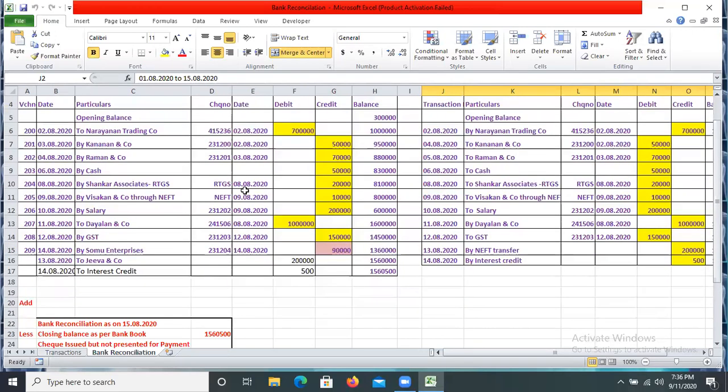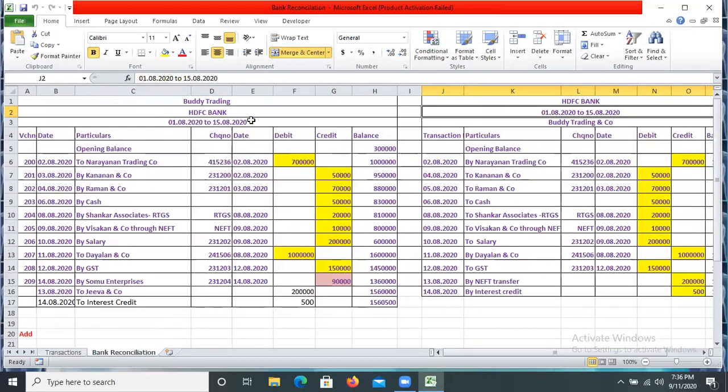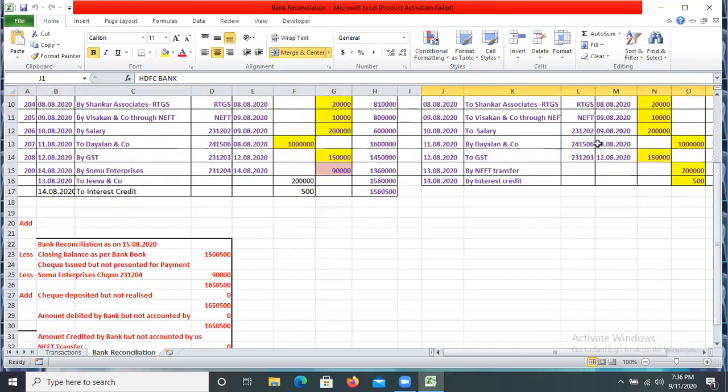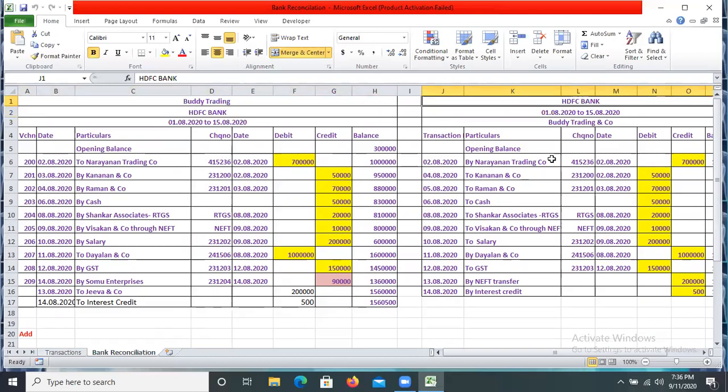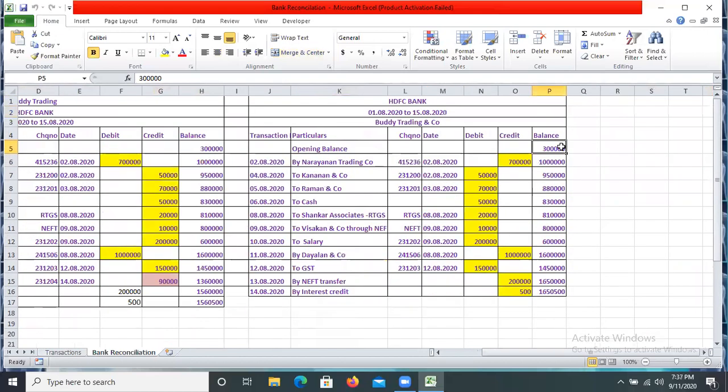See, for example, this is the bank book of Buddy Trading, and this is the HDFC Bank statement. Now, manually, first we will receive this statement from the HDFC Bank, and in the system we will first enter the opening balance. Opening balance 3 lakh, closing balance 16 lakh 50,000, we will enter it.